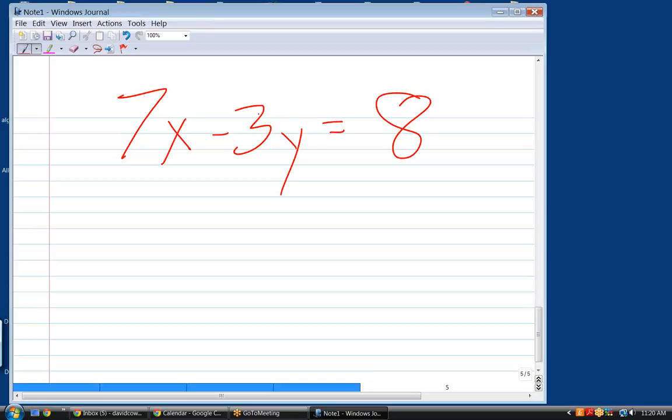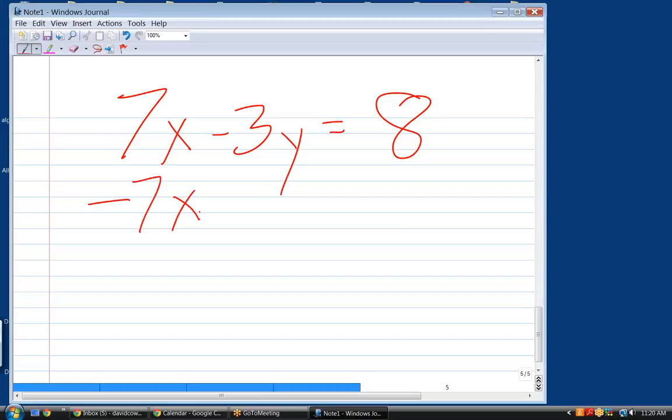In other words, there's a couple of things I could do here. I could add 4y to both sides, and that would make y on the left. But you don't want to do those kinds of things, because then you have y on both sides of the equation. So what's a good first step to solve for y here? Subtract 7x.